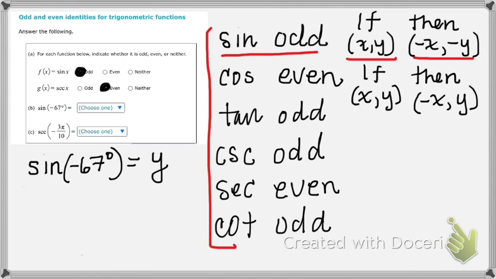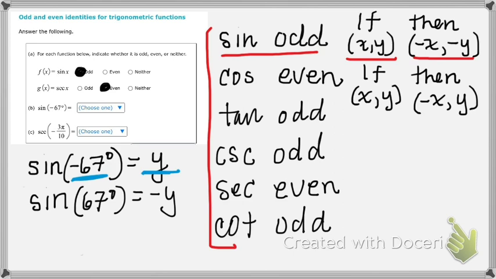So that means that for the sine of 67 degrees, which is the opposite of negative 67, I'm going to have the opposite of y. So I had an x and a y, and I said, well, that means that I also have to have the opposite of x and the opposite of y. Probably pretty challenging for you to follow there.